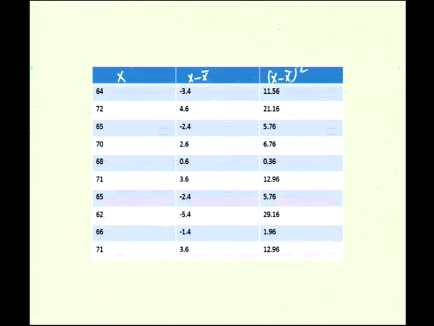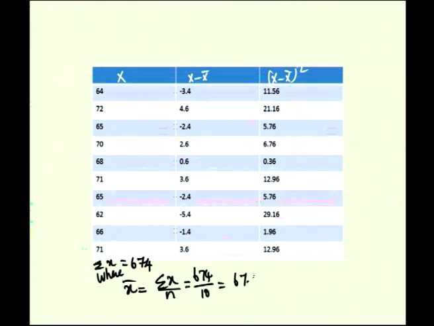What is x bar? Our summation x value is 674, so x bar will be equal to summation x by n, which is 674 by 10, equal to 67.4.